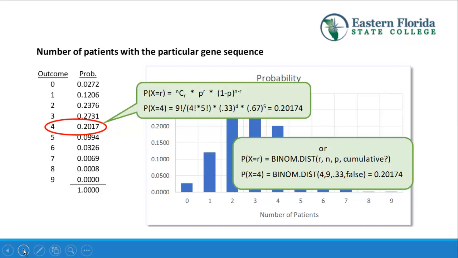R is equal to 4, N is equal to 9, P is equal to 0.33, and we have this cumulative parameter, which in this case is false. If we enter those 4 parameters into the binomial distribution, you can see that it calculates exactly the same probability as the mathematical formula.